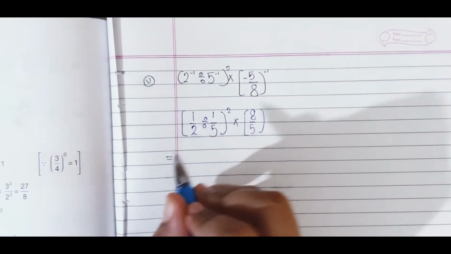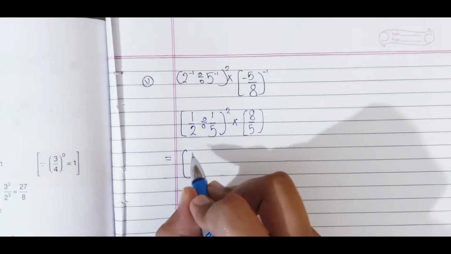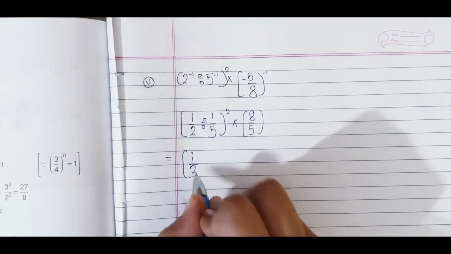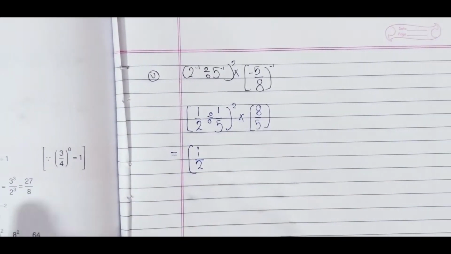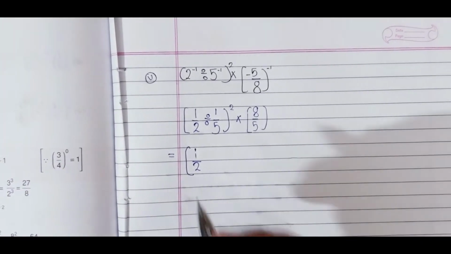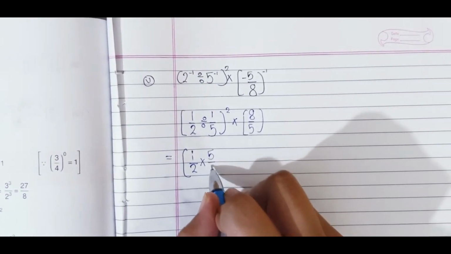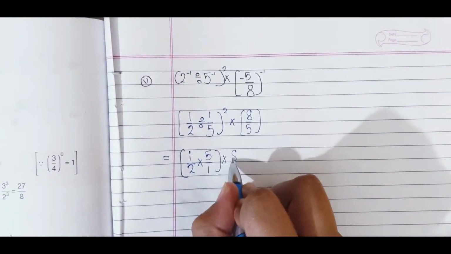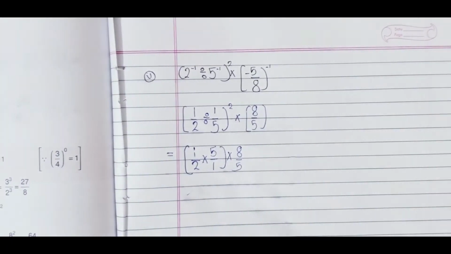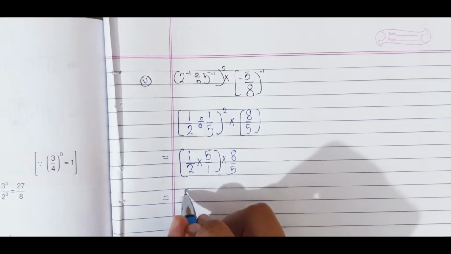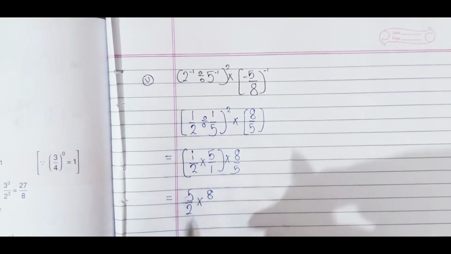Then we will first do the work inside the bracket. It is divide. So as we do in division, the LHS number should stay as usual, and the RHS number should be reciprocaled, to make this division a multiplication: 5 by 1 into 8 by 5. Now we can see that here nothing can be cancelled, so our answer will be 5 by 2 into 8 by.